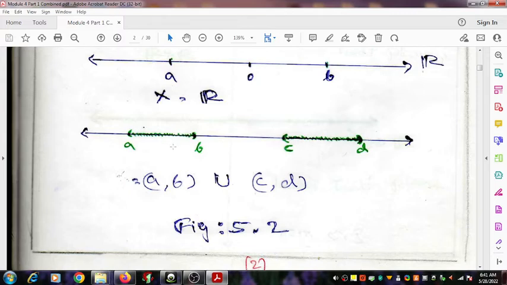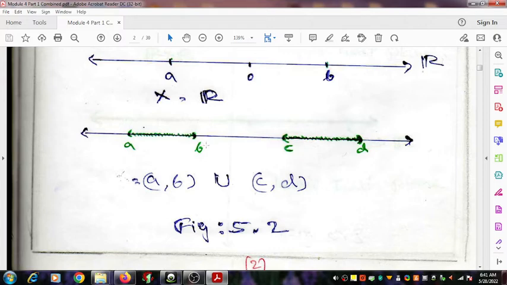Here it's drawn using this green color: the open interval AB, and this is the open interval CD. Since it's the union of two separated open intervals, the points between B and C are not there in the subspace.